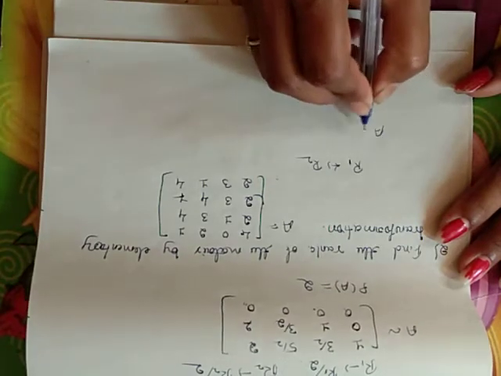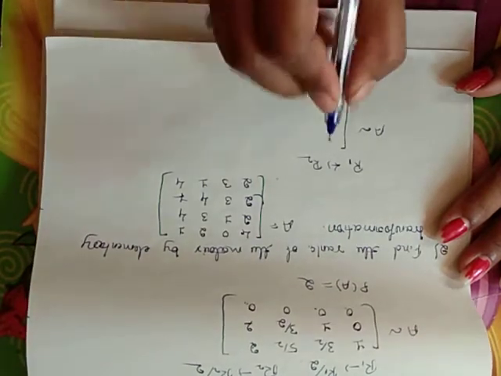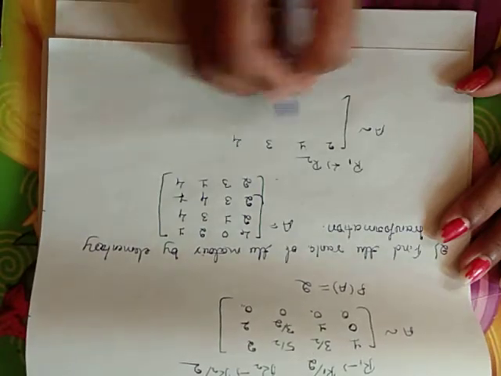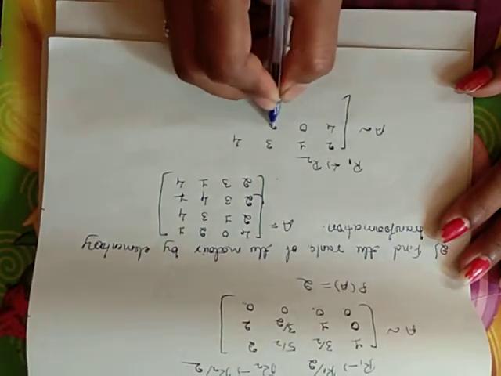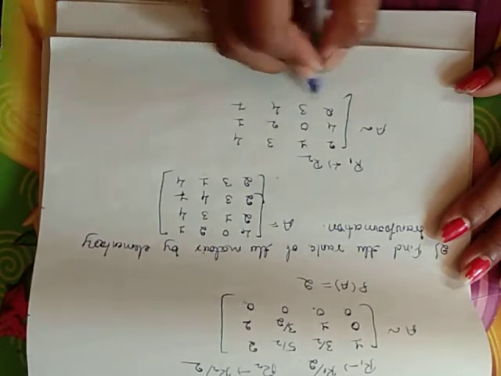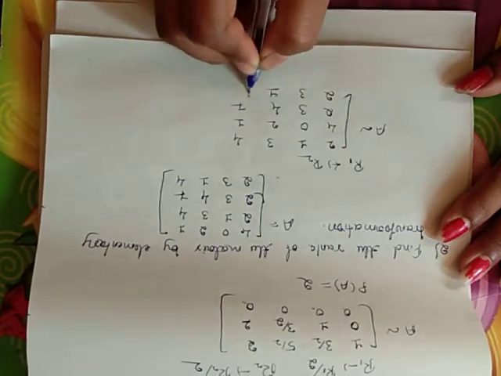Then your matrix A is equivalent to 2, 1, 3, 4, 4, 0, 2, 1, 2, 3, 4, 7, 2, 3, 1, 4.